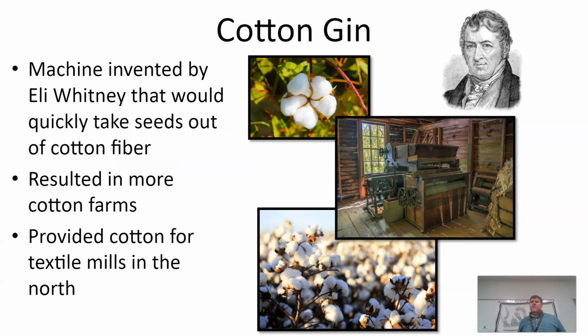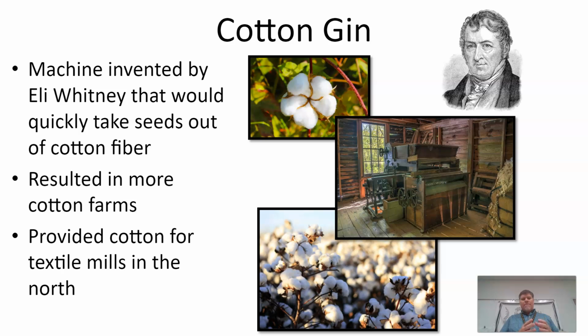One of the most important machines of the Industrial Revolution is the cotton gin. The cotton gin was invented by Eli Whitney, and it quickly takes seeds out of cotton fibers. This resulted in more cotton plantations and provided cotton for the textile mills in the North.